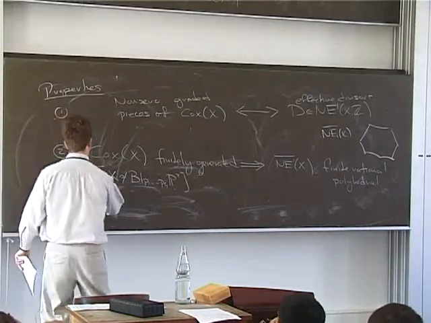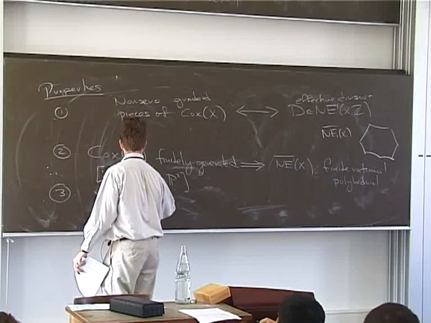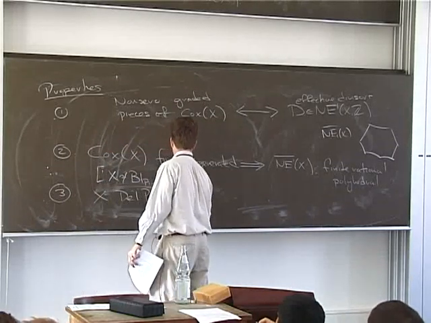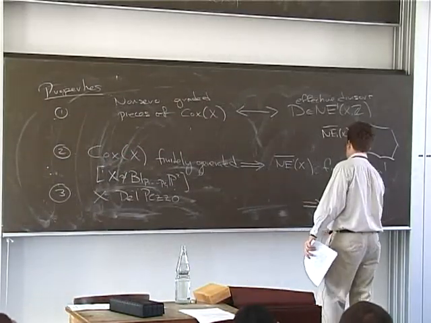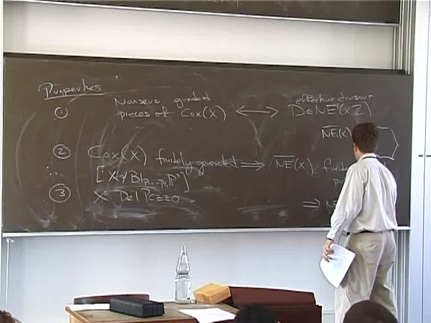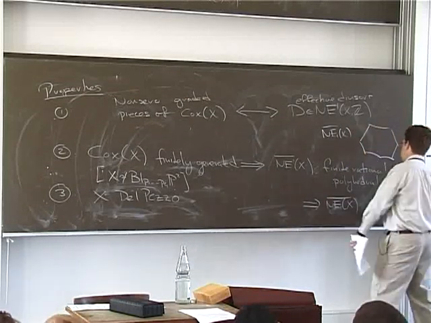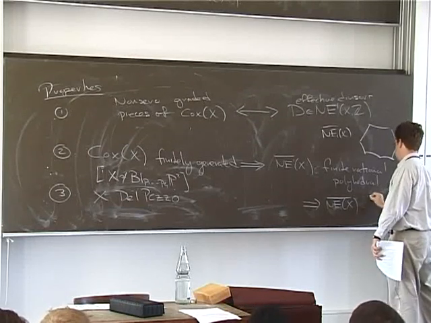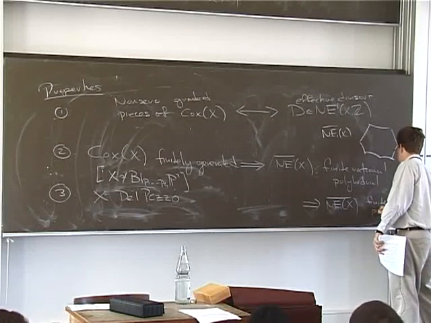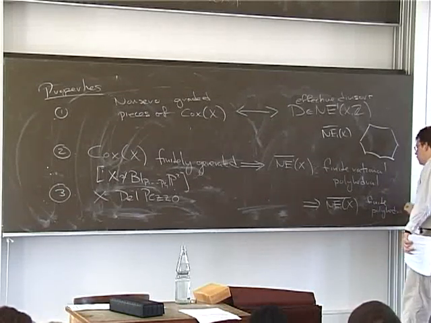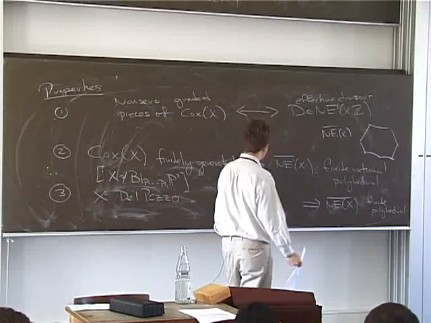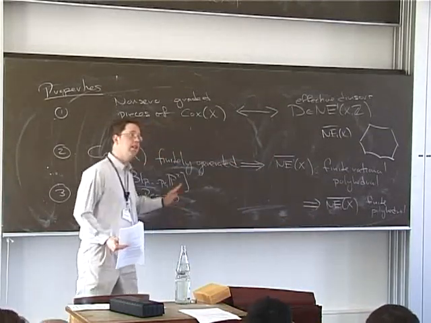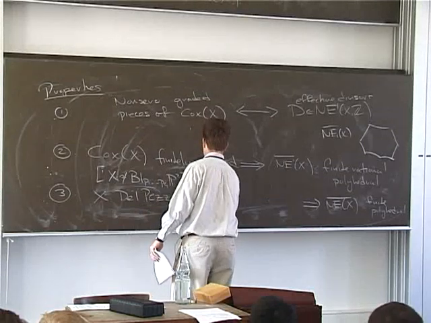The good news is that if X is del Pezzo, then from our discussion of the cone theorem, we know that this is finitely generated. And in light of the previous thing, it's natural to ask whether this implication factors through the stronger implication that the Cox ring is finitely generated. And it does.